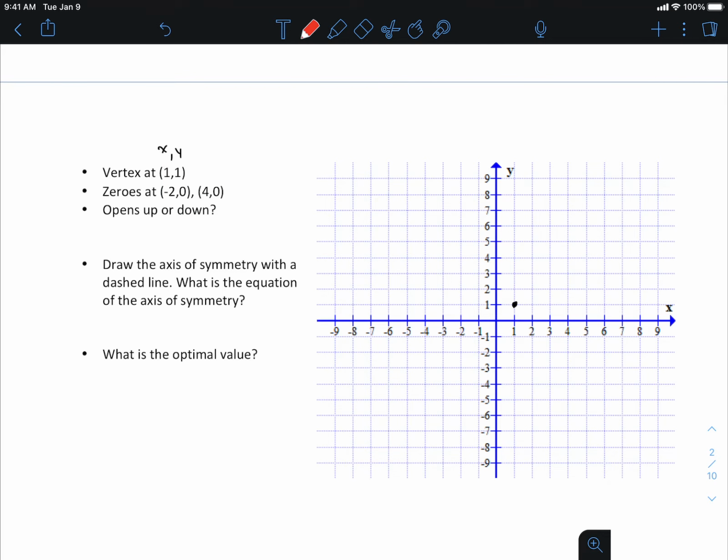And then zeros. Zeros we called x-intercepts. Okay, so that's x-intercepts. The word intercept means cross, right? In math lingo, I suppose. It crosses the x-axis at these 2 points, right?